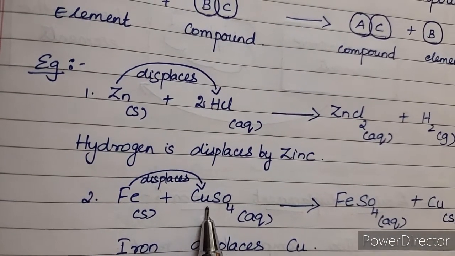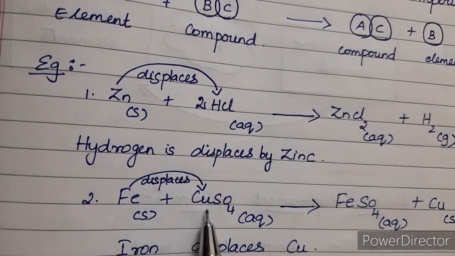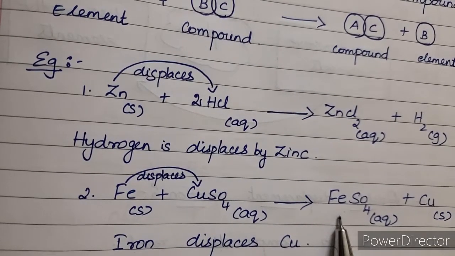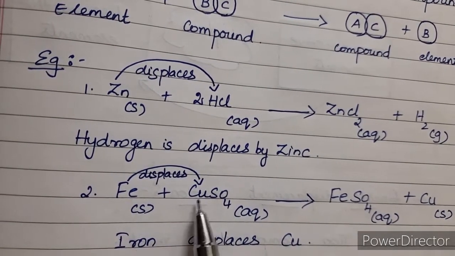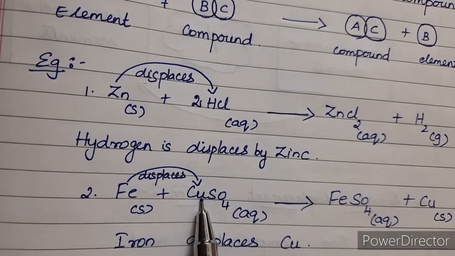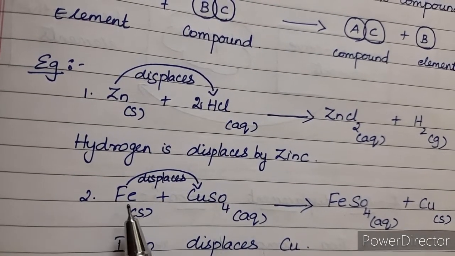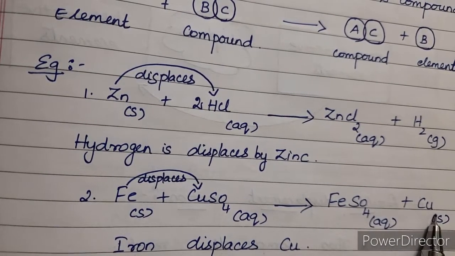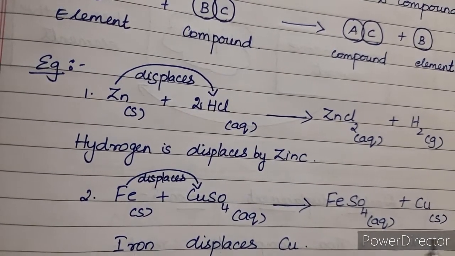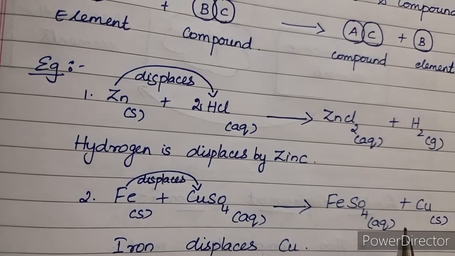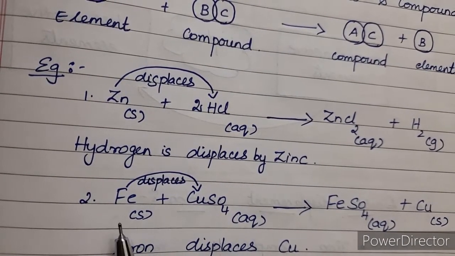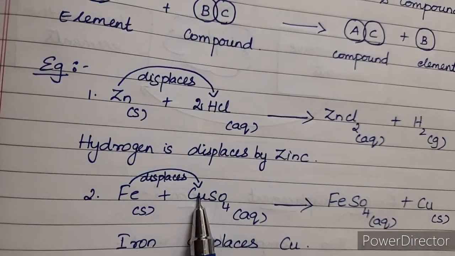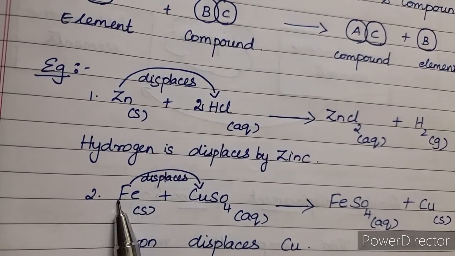Iron displaces the copper and forms iron sulfate. So here the element displaces an element of the compound, and a compound plus an element is formed. This is called a single displacement reaction. The reaction takes place between the element and the compound, and one of the elements in the compound is displaced by the element.